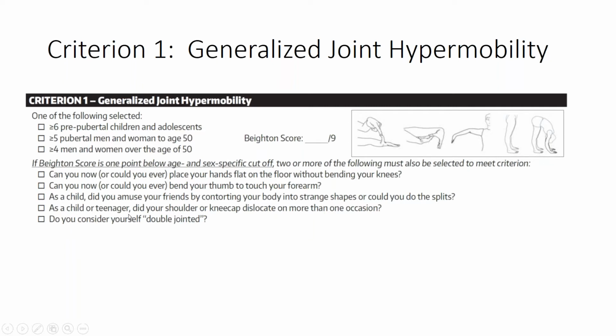As a child or teenager, did your shoulder or kneecap dislocate on more than one occasion? And finally, do you consider yourself to be double jointed? So again, if 2 or more of these questions are answered in the affirmative, we may add 1 point to the Beighton score to establish a diagnosis of generalized joint hypermobility according to the current criteria.